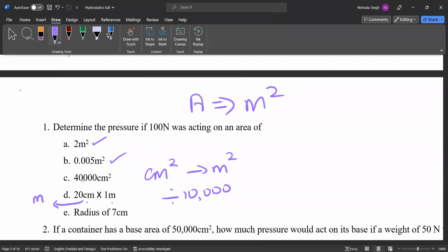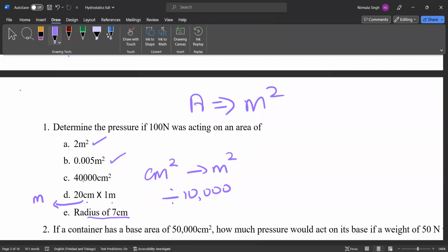And then I have here, let me see if anybody can figure this out. Radius of 7 centimeters. How am I finding? Is this my area? Yes or no? Yes, radius is an area. No. What type of shape has a radius?